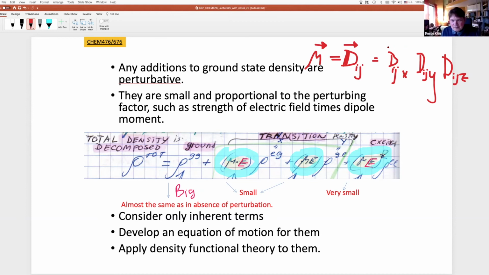When we saw the oscillator strength file, there are several columns: oscillator strength, transition dipole, then XYZ.